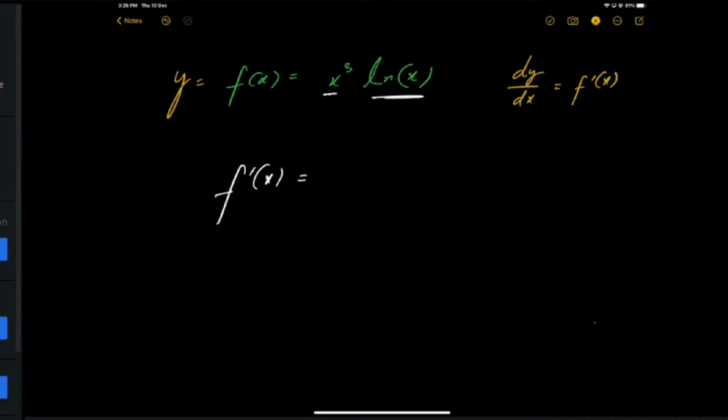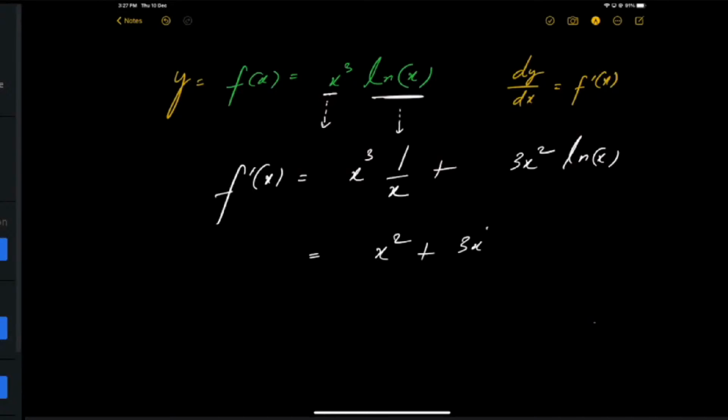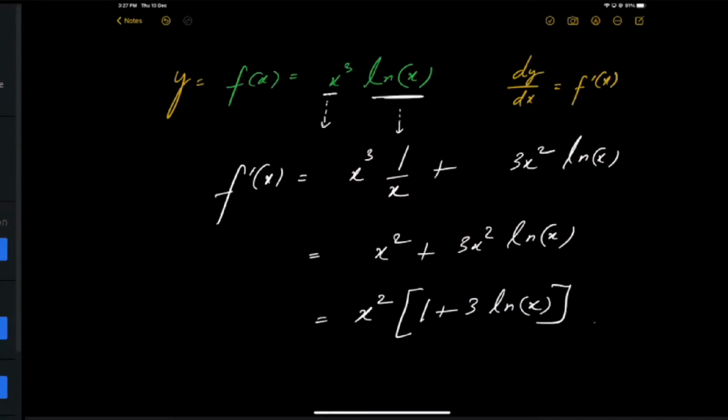F dash of x is the derivative: you keep the first function as it is and multiply it with the derivative of the second function, plus you keep the second function as it is and multiply it with the derivative of the first function, which is the derivative of x cubed, which is 3x squared. So what you get is x squared plus 3x squared natural log of x, and if you take out x squared as common, you get 1 plus 3 natural log of x.